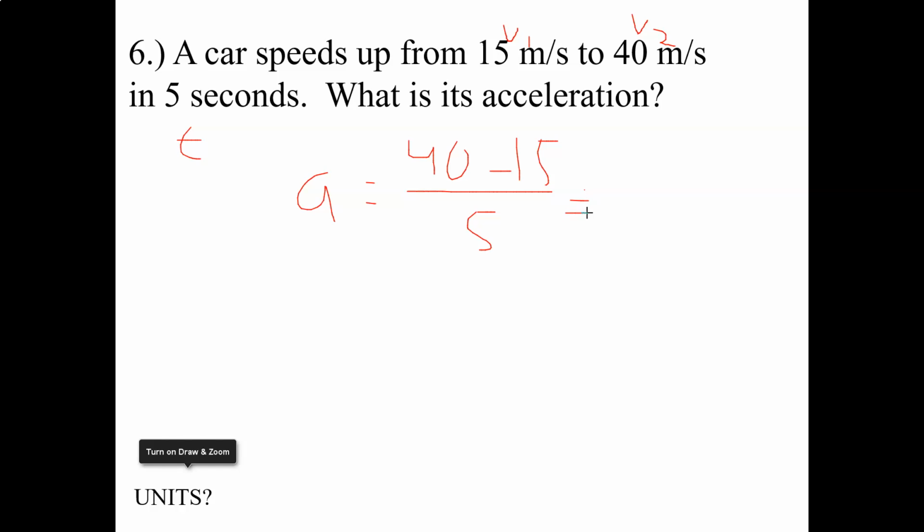That's 25 meters per second divided by 5 seconds. And that's going to equal 5 meters per second per second. What this means is my speed changes by 5 meters per second each second. I can rewrite this as 5 meters per second squared, because the seconds go together.